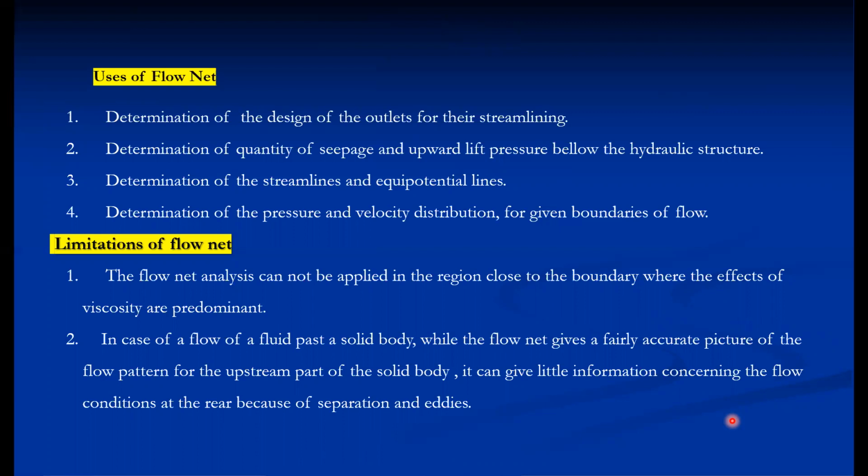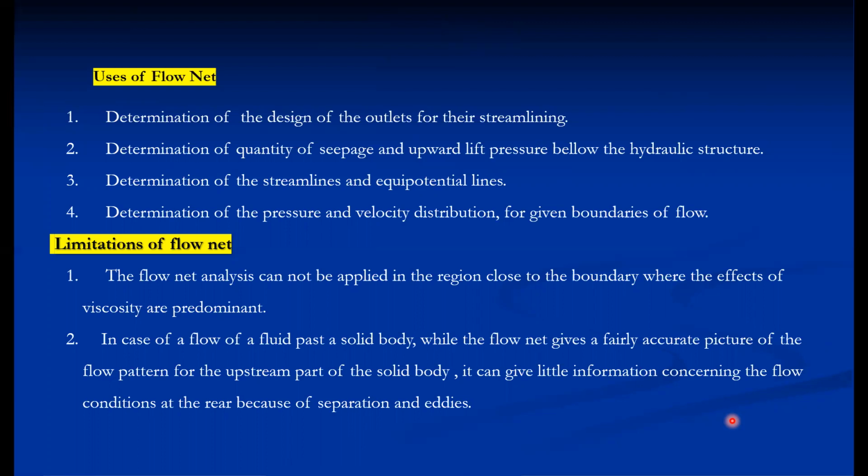There are certain limitations of the flow net as well. The flow net analysis cannot be applied in the region close to the boundary where the effects of viscosity are predominant. Generally for streamlines, viscosity is considered negligible, but where viscosity effects are dominant, this flow net analysis fails.